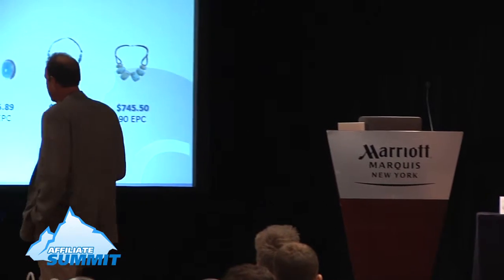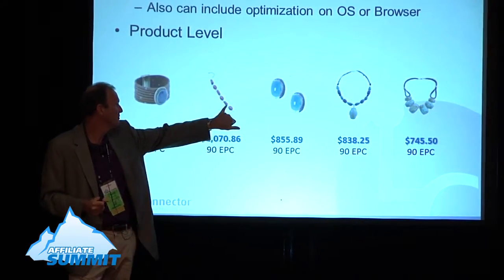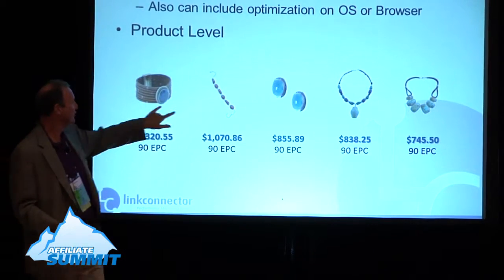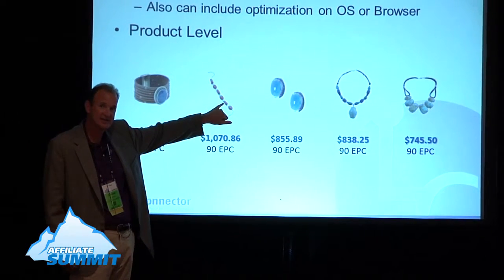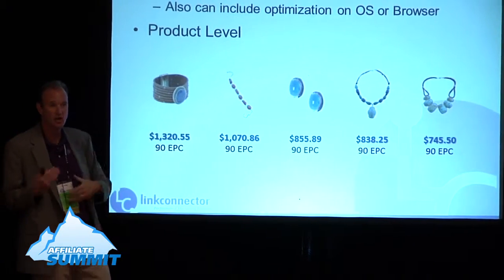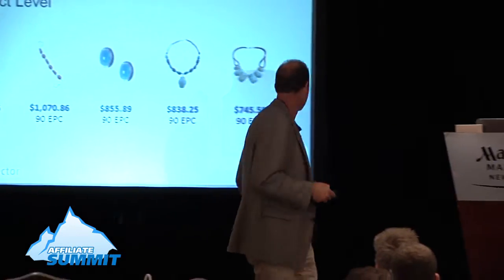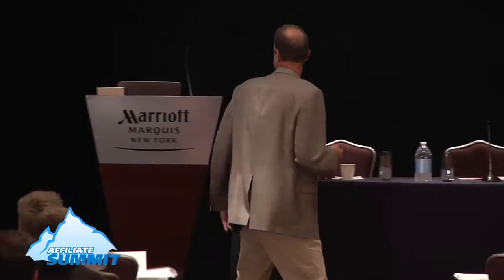And then you want to figure out which one makes you the most money. So this might be the product you're promoting, and that might be the product that's making you money, okay? So now you want to try to promote this product to see if you can make more money, or are you better off sticking with promoting this product? Those kinds of things are how you want to get into the data. Sorry for touching the screen, by the way.